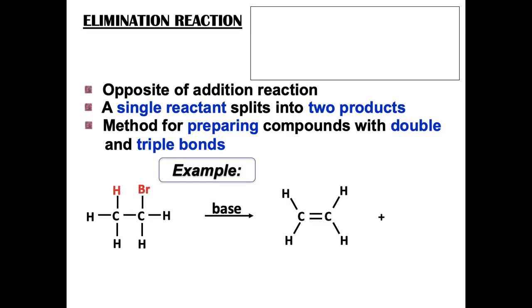So, for example, here you have an alkyl halide reacting with a base and it will produce an alkene. In this reaction, you eliminate H and Br. So, the carbon atoms involved in the elimination of H and Br will form a double bond. And the byproduct is HBr.